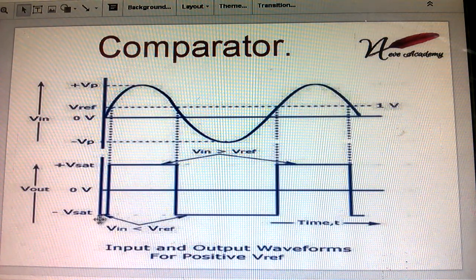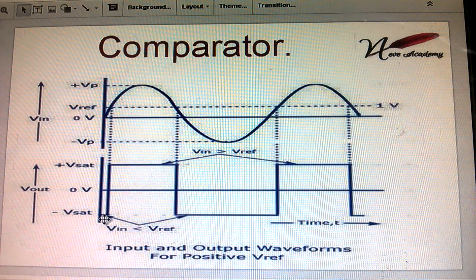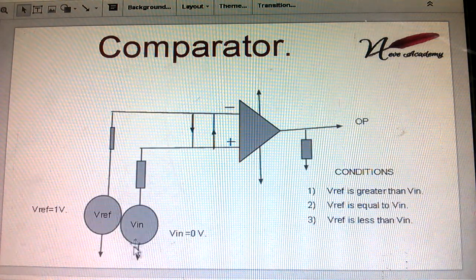At this point the maximum voltage is at V reference, because 1 volt is provided here and 0 volt is provided here. So the output acts like an inverting output, starting from the negative level, minus Vsat, at which V reference is greater than V in.